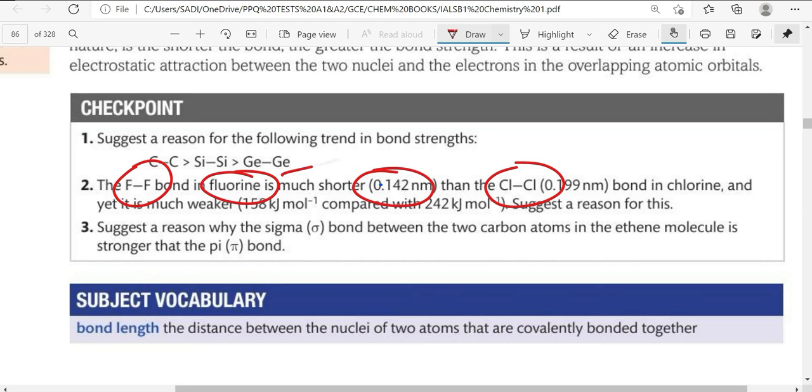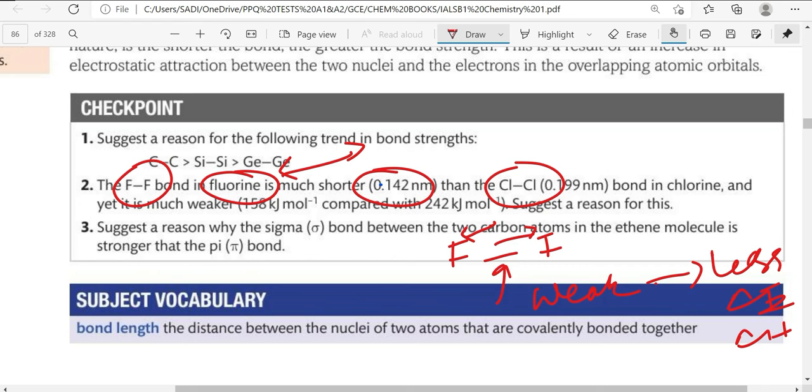That repulsion is pushing those two atoms apart from each other. So fluorine bond length is absolutely short, but the repulsive force is pushing them apart. That's why it's making the bond weak, right? So when the bond is weak, the amount of energy needed is less, delta E needed for it, or energy or delta H.